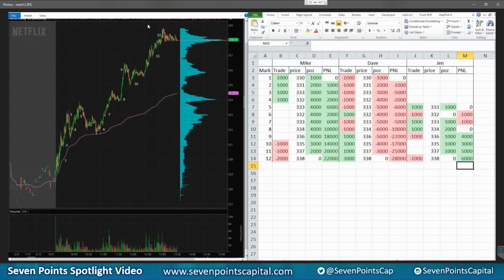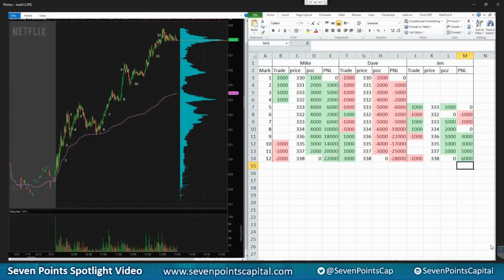And looking at the volume profile, you saw that here between 332, 333, 334, there were some trades taking place, right? And later on, we see up at 337, 338, where now Dave is getting out of his position, volume profile picks up again. And that's exactly what you see.